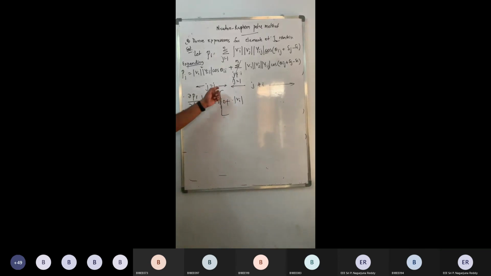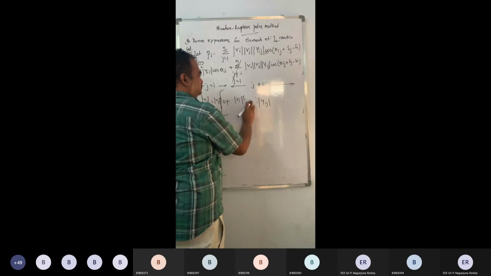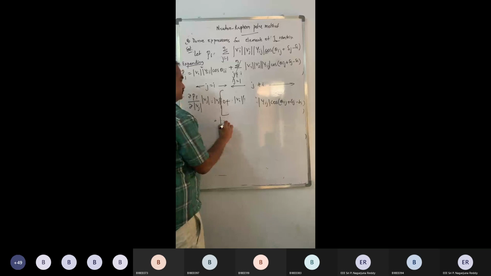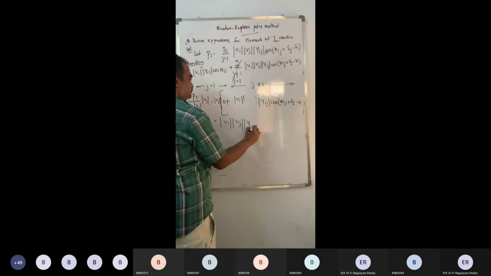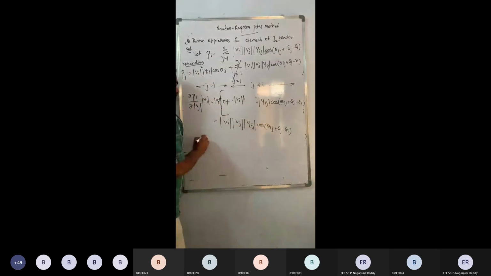The multiplication I have written earlier. Now differentiation, this is 0. Sigma I have left. Vj will become 1. The rest will remain the same. Got it?